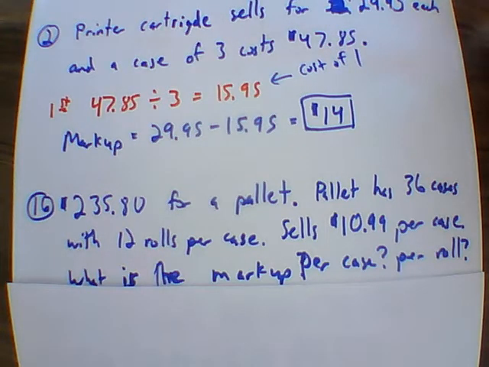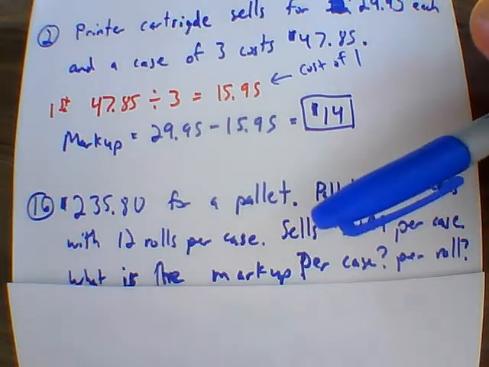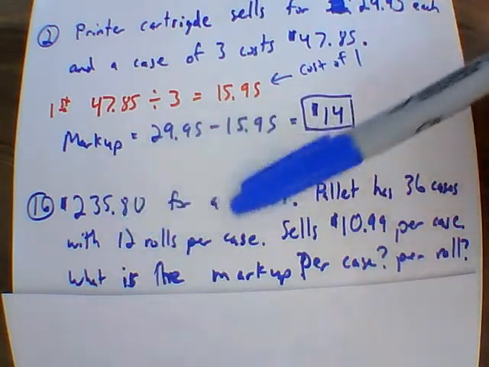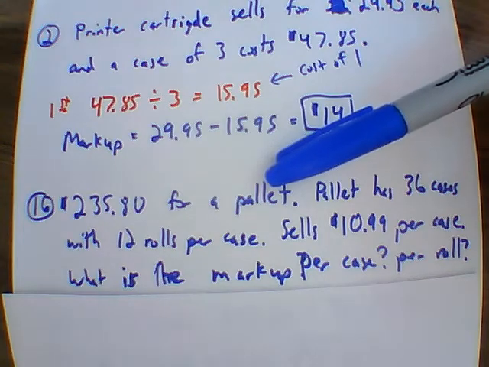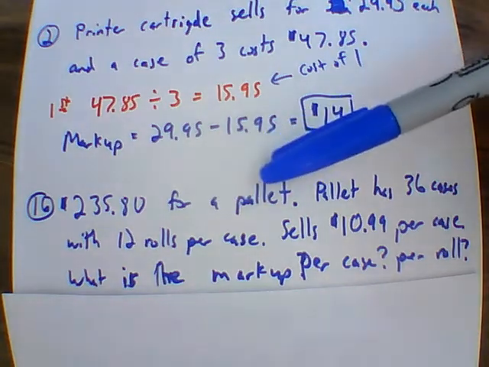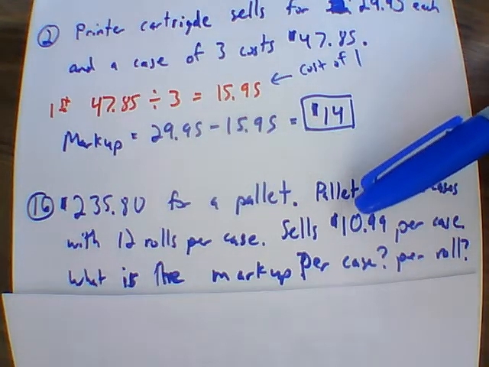The pallet holds 36 cases with 12 rolls per case. Mostly Kitchens sells the paper towels for $10.99 a case. What is the markup per case? What is the markup per roll? So we see that they're buying in a pallet, getting this big quantity of paper towels, and then selling them per case.